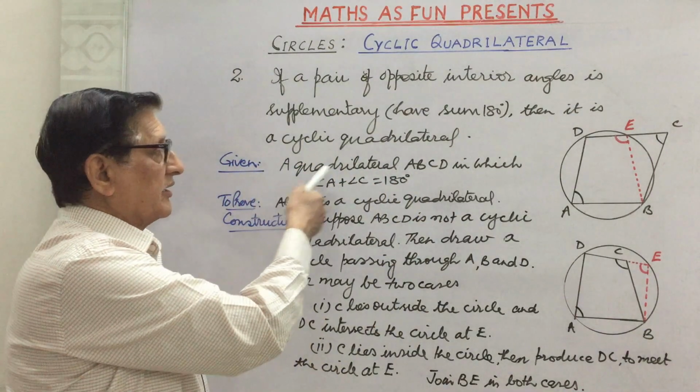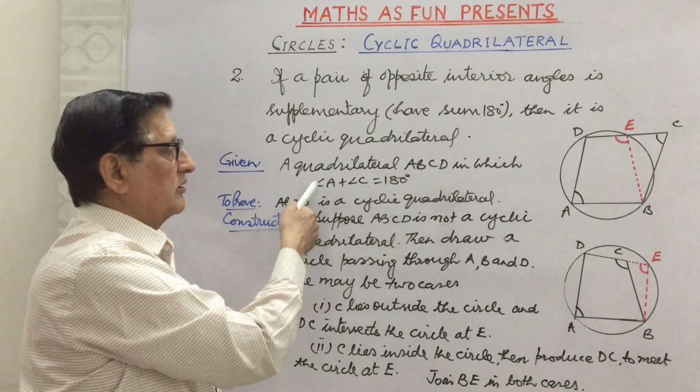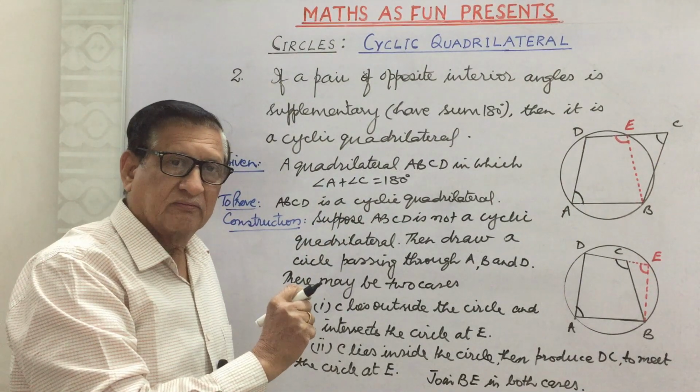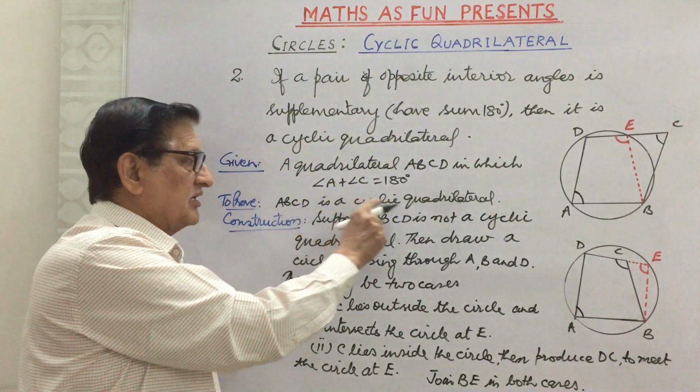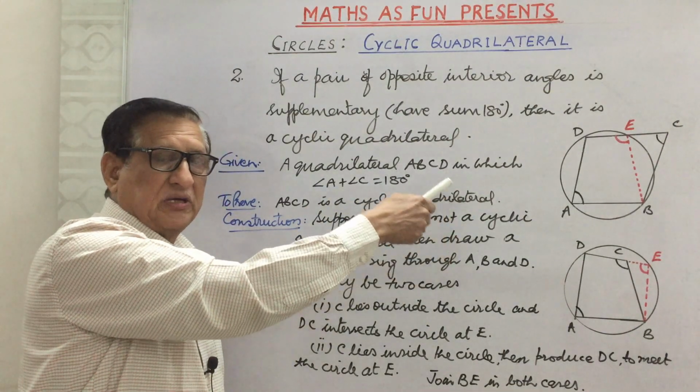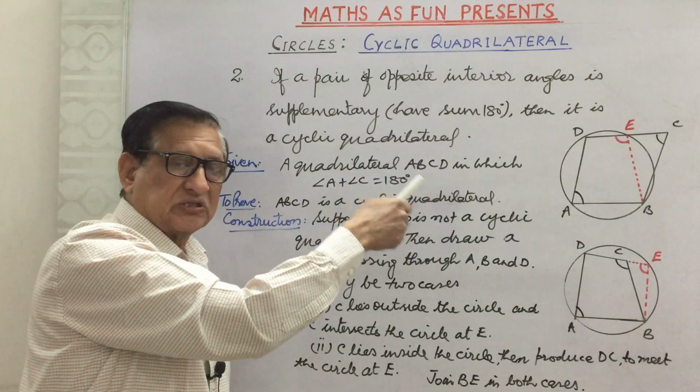So given a quadrilateral ABCD in which angle A plus angle C is equal to 180 degrees. To prove, we have to prove that ABCD is a cyclic quadrilateral. It means all four vertices A, B, C and D should lie on the same circle.